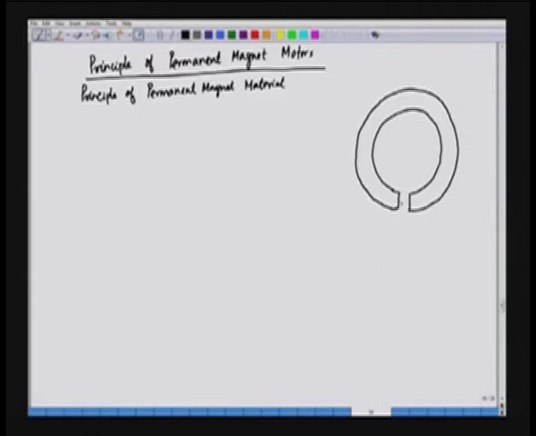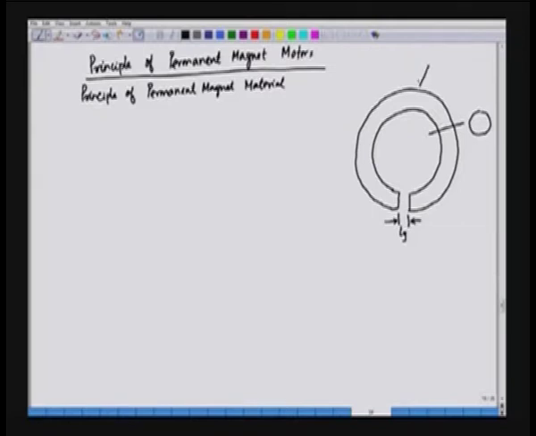So, this is a permanent magnet, maybe an iron material, and then this is having an air gap of length Lg, and this is having a circular cross section.